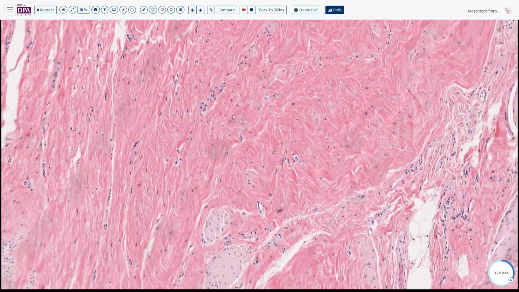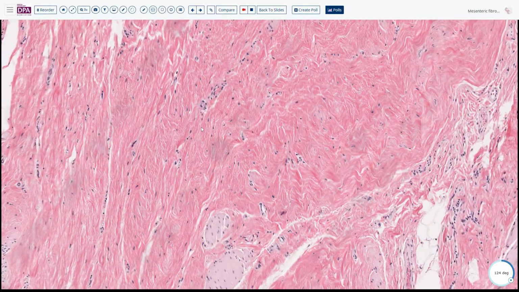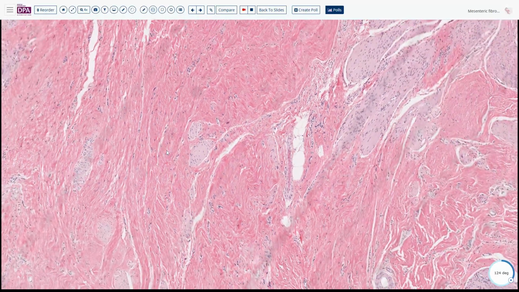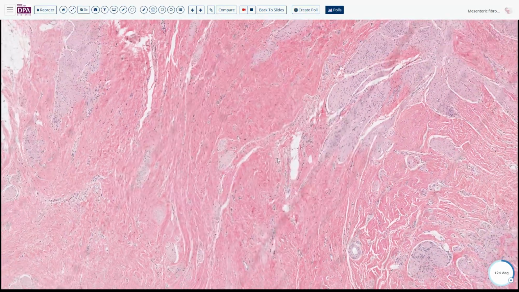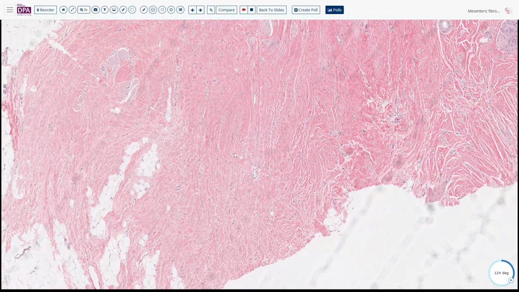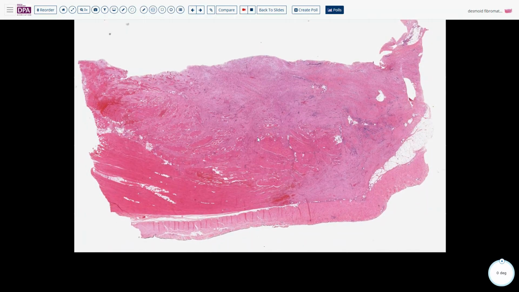We can see the wavy collagen between the spindle cells. In this case they are not forming really obvious fascicular growth, but this growth pattern with spindle cell proliferation is good for fibromatosis. This is another, better example.